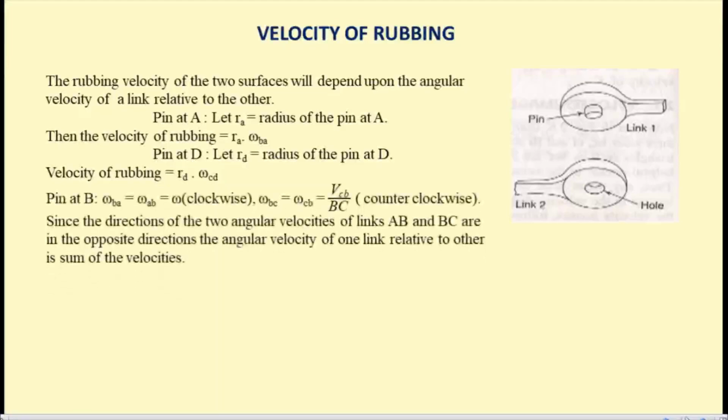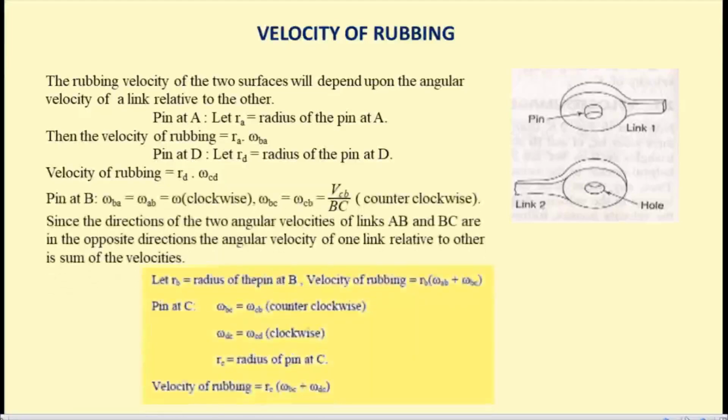Now pin at B and pin at C, what will happen? If we consider the radius of pin at B equal to small rb, the velocity of rubbing will be rb into omega AB plus omega BC. By the same phenomenon, for pin at C, omega BC equals omega CB in the counterclockwise direction, and omega DC equals omega CD in the clockwise direction.